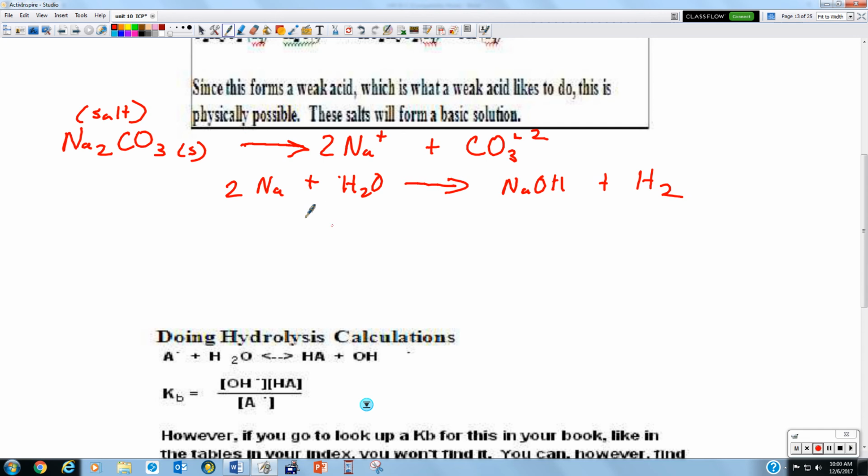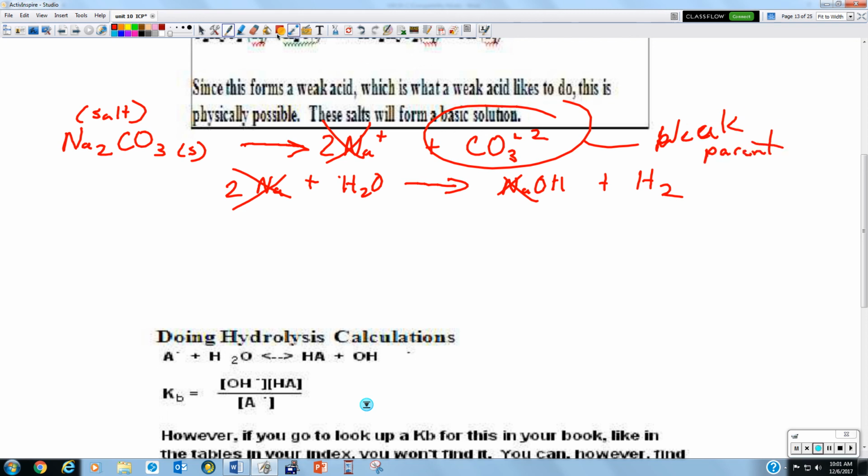But what you need to see is if we break this down into net ionics, the sodium becomes a spectator and it kind of disappears. So it doesn't really help us see anything. So we're not going to focus on the strong, we're going to focus on the weak parent. We're looking for the ion that comes from the weak parent.